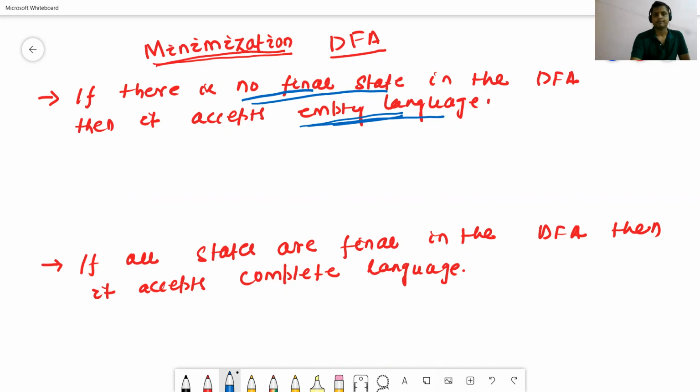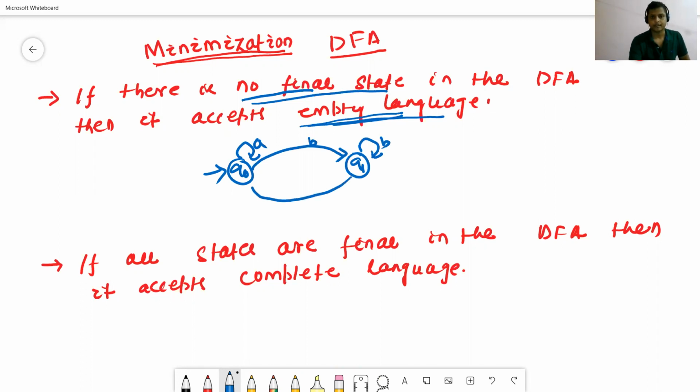Try to understand. Suppose for example, Q0, then Q1, this is a DFA, with transitions on A and B. It is a DFA, but this DFA does not contain any final states.